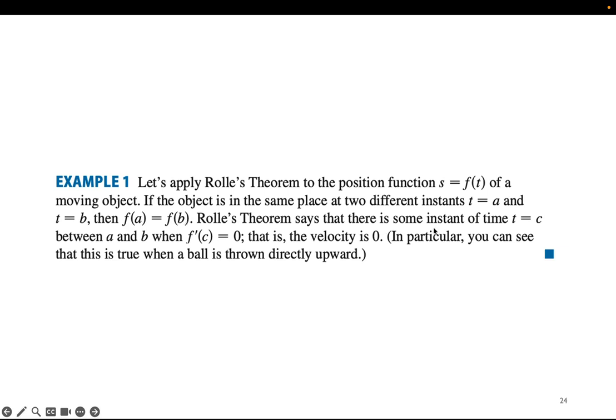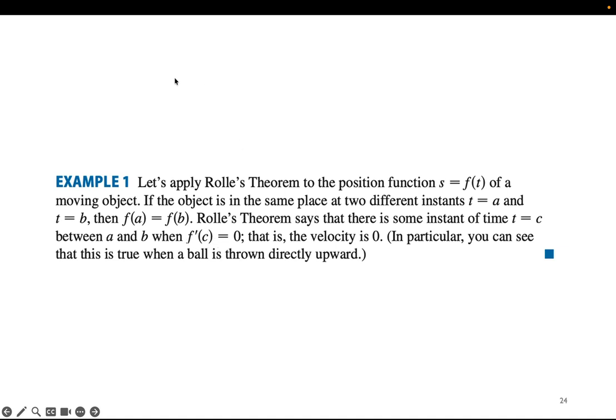Rolle's theorem says that there has to be some time C between A and B such that f prime of C is 0. And that makes sense because if f is the position function, f prime is the velocity function. So Rolle's theorem says that there has to be some time where the velocity is 0.